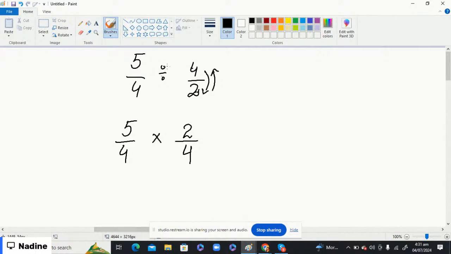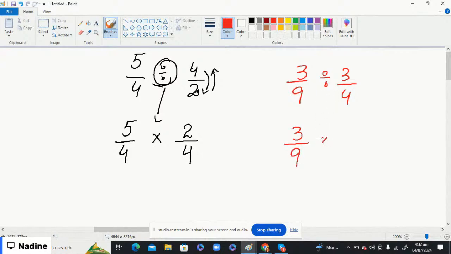What we do is just shift the division sign into multiplication and shift the position of the second fraction, not the first one. For example, if the question is 3 by 9 divided by 3 by 4, we put 3 by 9 as it is, change division into multiplication, and change 3 by 4 into 4 by 3.